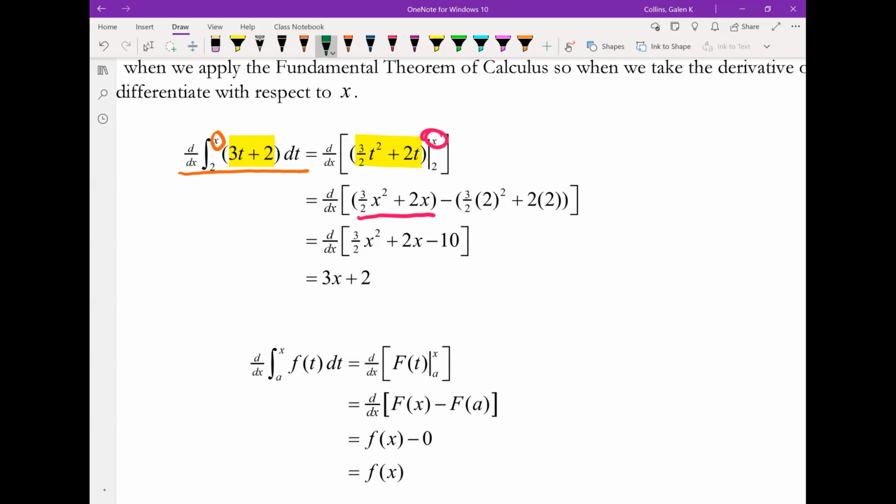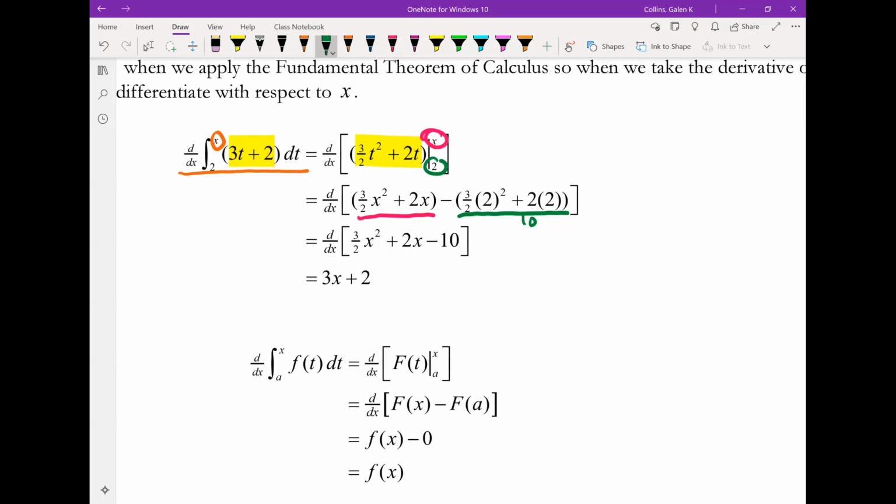And then remember that the first theorem tells us we're going to subtract the antiderivative evaluated at the lower limit 2. When we do that, we get 3/2 x squared plus 2x minus 10. All of this stuff is 10. So if we'd had a constant of integration, it would have just gotten subtracted out.